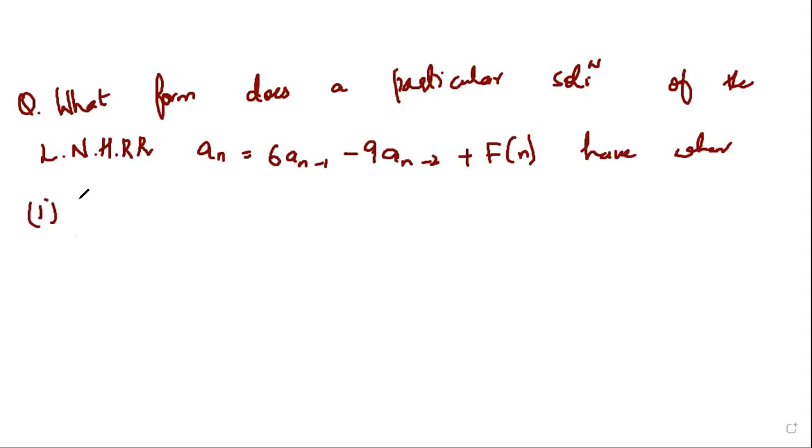So we'll see the first one and we will see the next ones as we go. f of n is equal to 3^n.